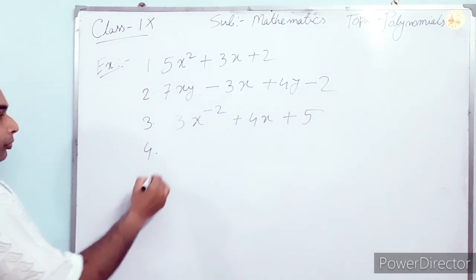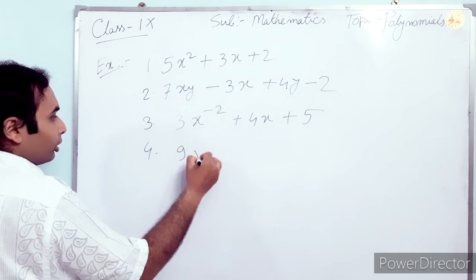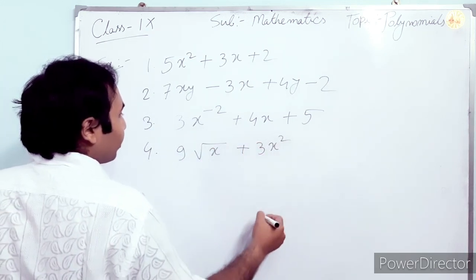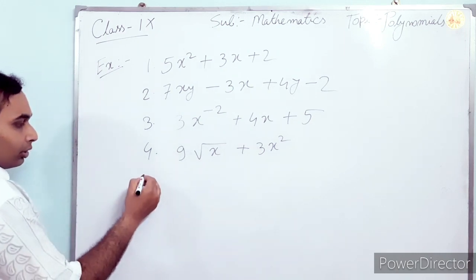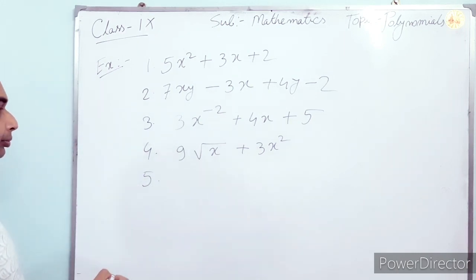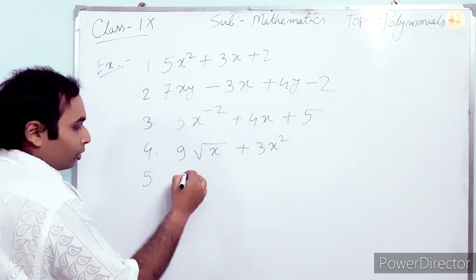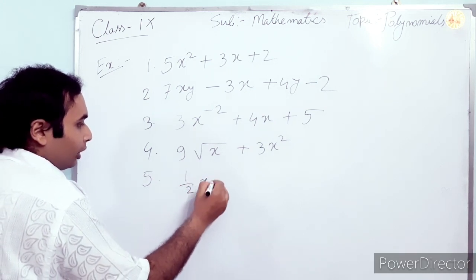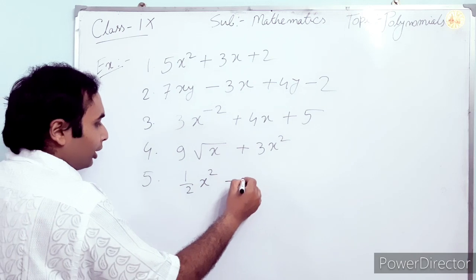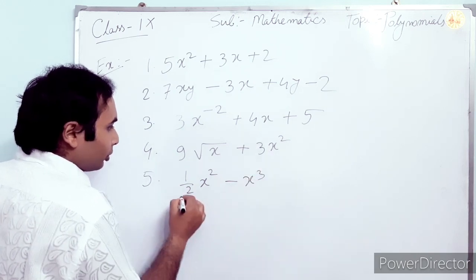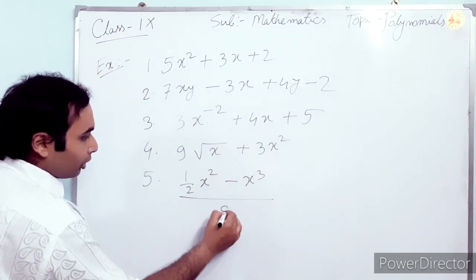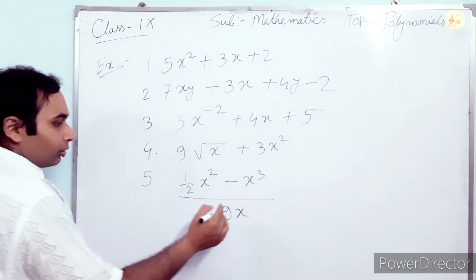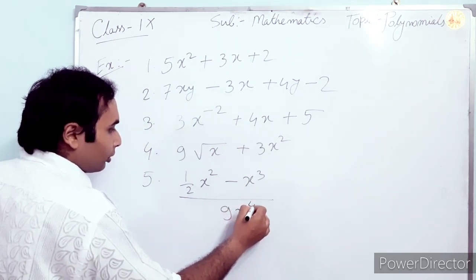Number 4, 9 root over x plus 3x square. 5, half x square minus x cube by 9x to the power 4.